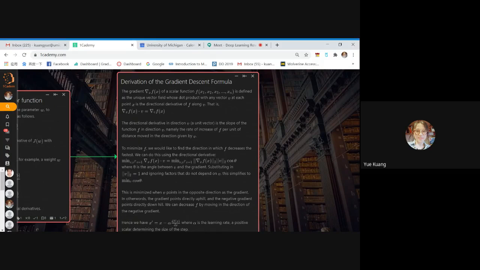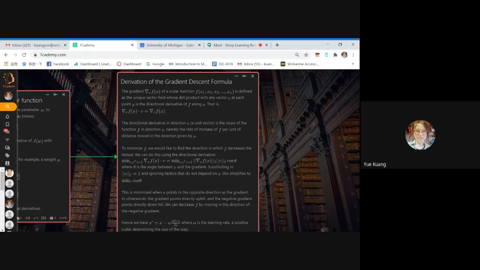You can see in the equation here, we want to find the unit vector v such that the directional derivative of f along v will reach its minimum. We can write the dot product as the product of the norms of the two vectors times the cosine of the angle between them.